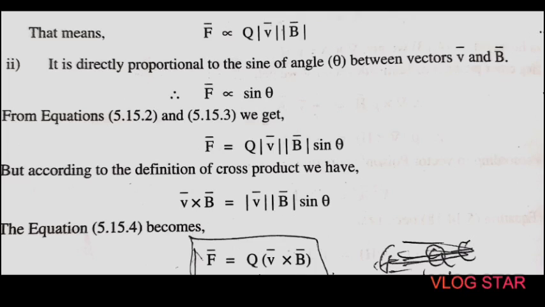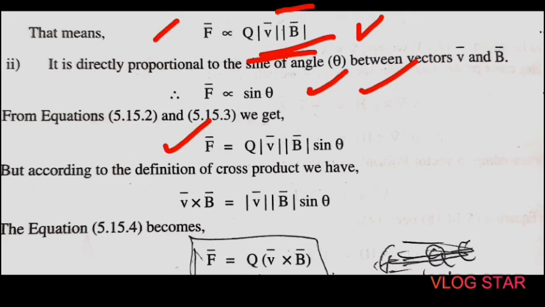So we can write F is directly proportional to Q into V into B. Also it is directly proportional to the sine of the angle between vector V bar and B bar, so F is directly proportional to sine theta. According to the first and second relations, we can write the force is directly proportional to Q into V into B into sine theta.